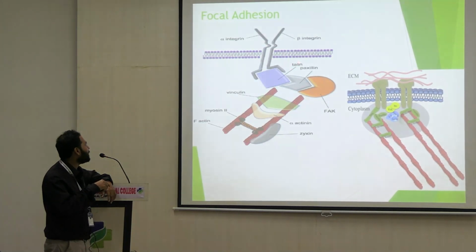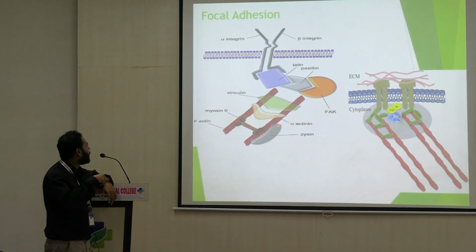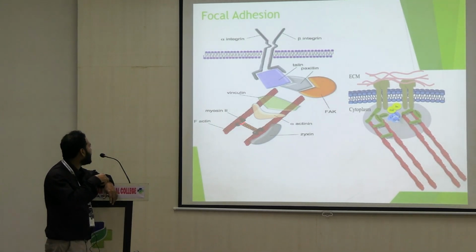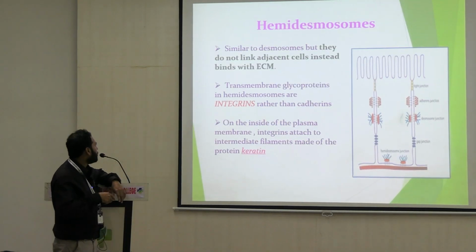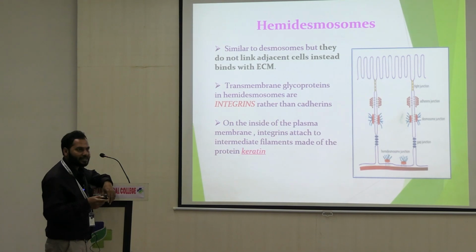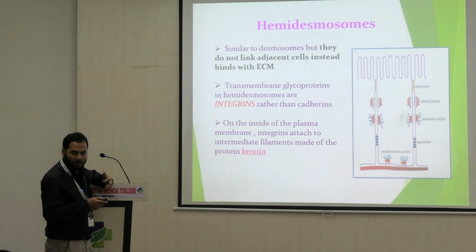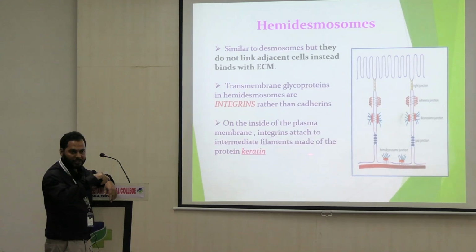These are different types of adapter proteins, and these adapter proteins bind to the cytoplasmic cytoskeletal filaments, mainly the actin filaments. Here also, the most important things I have mentioned are laminin and fibronectins. You can also see keratin is present in the cell matrix structures.